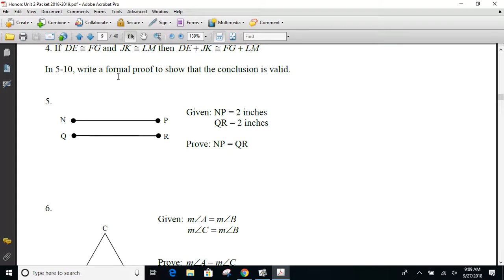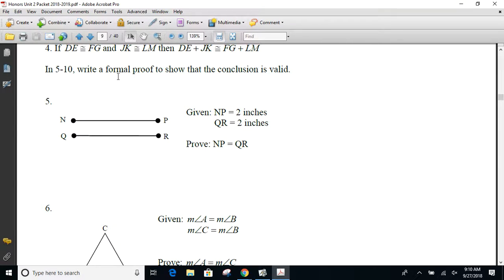I don't want you to start getting intimidated right off the bat. NP equals 2 inches, QR equals 2 inches. That was given. I am asked to prove NP is equal to QR. Am I adding anything here? No, so don't put addition in here. Don't think it's the same every time. Does anybody know how I get NP equal to QR? Reflexive is when something is equal to itself, like NP equals NP or QR equals QR.